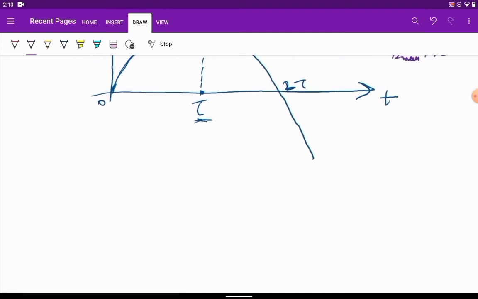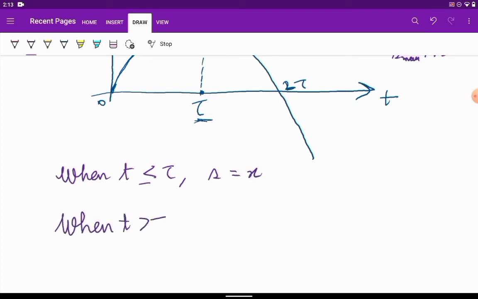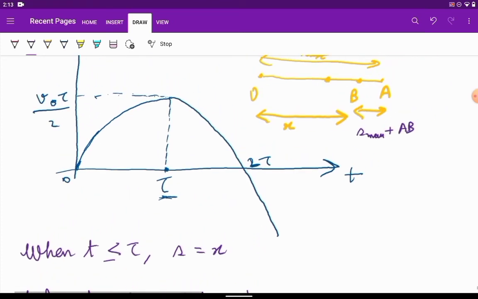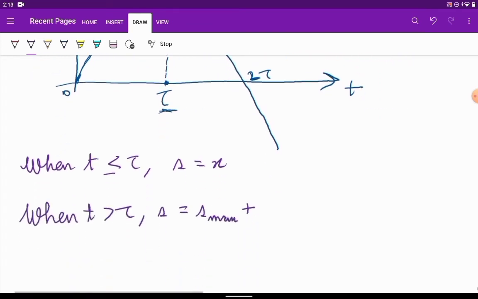When t is less than or equal to tau, S is equal to x. When t becomes greater than tau, S is equal to S max plus AB.